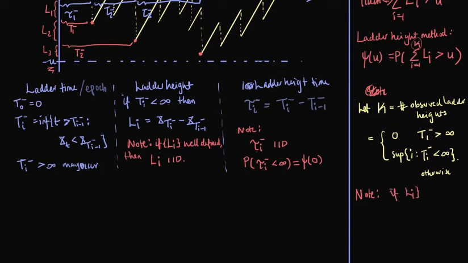If the ladder heights are well defined, then the ladder height process is independent of K. That will be useful later.